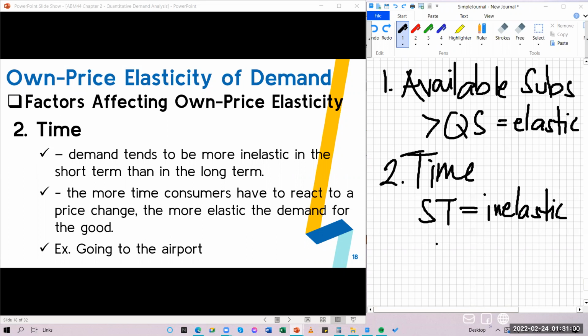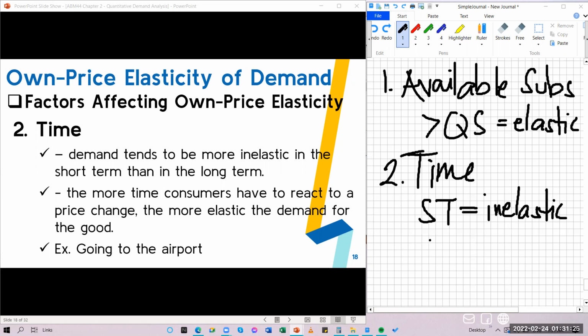So with that, the more elastic the demand for that good is. There are many processes to do before you can board the plane, so you'll have enough time to think about it, especially when it comes to price changes. Most of the time, the earlier you get to the airport, the better.